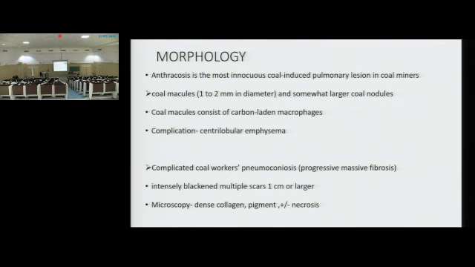The lesions vary from 1 to 2 millimeter in size, or there may be some larger ones, and they consist of carbon-laden macrophages. You will see small macular lesions on the lung surface in these patients. In a long duration course, they may lead to emphysema. If these patients have exposure for a longer duration, 10 to 20 years, they may develop massive pulmonary fibrosis.